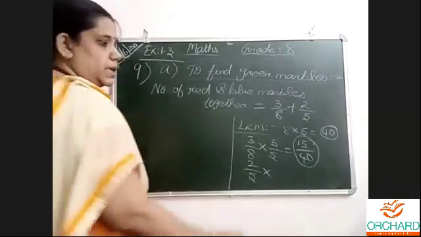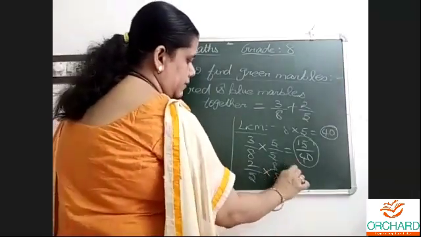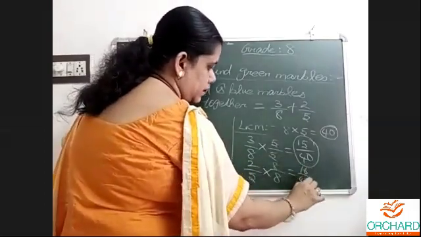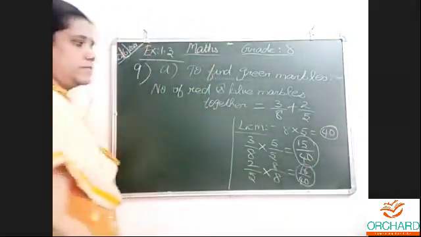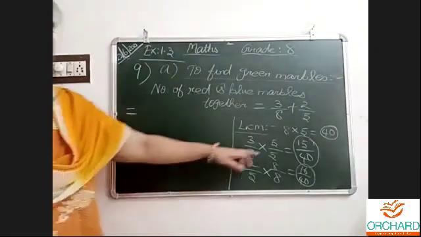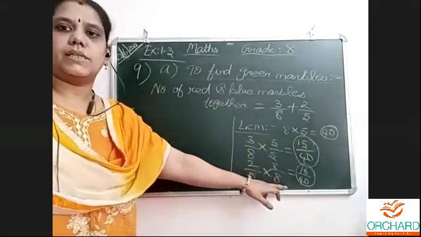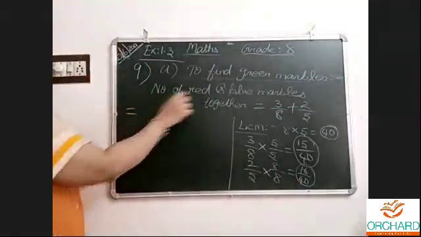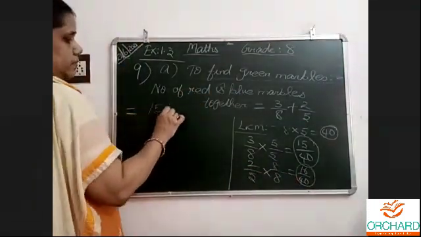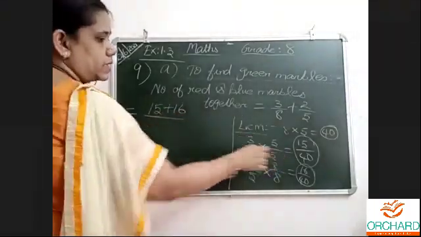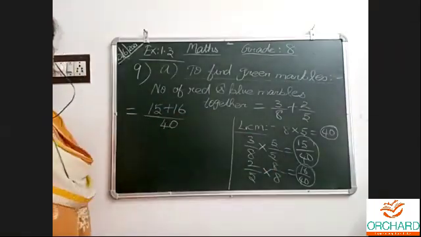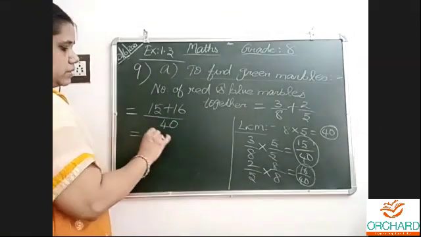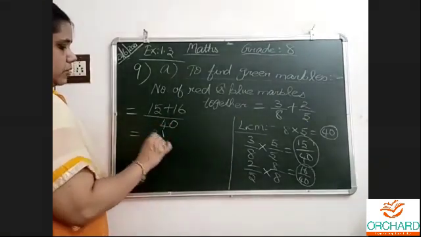Second, 8 5s are 40, 5 8s are 40, 2 8s are 16, so 16 by 40. So these are both with the common denominator. Now adding numerators with the denominator: 15 plus 16 is 31, so 31 by 40.